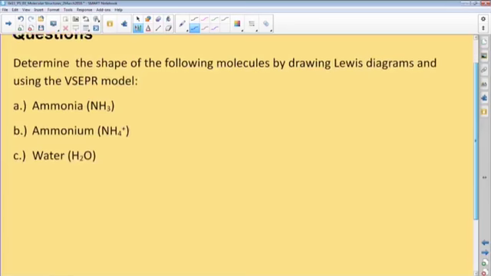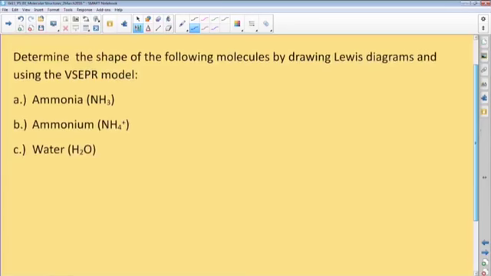Same instruction. I want you to determine the shape of the following molecules by drawing Lewis diagrams and using the VSEPR model. There's 3 here. There's ammonia, which is NH3, there's ammonium, which is NH4+, and there is water, H2O. Okay?